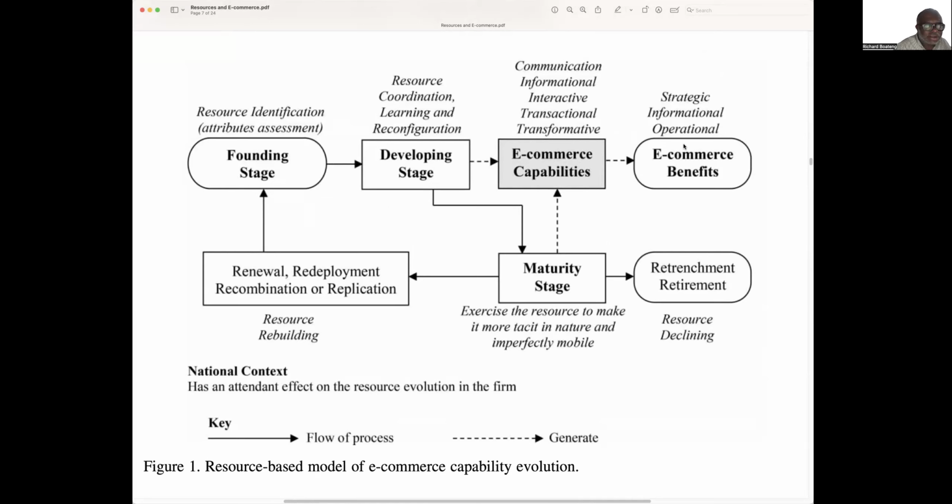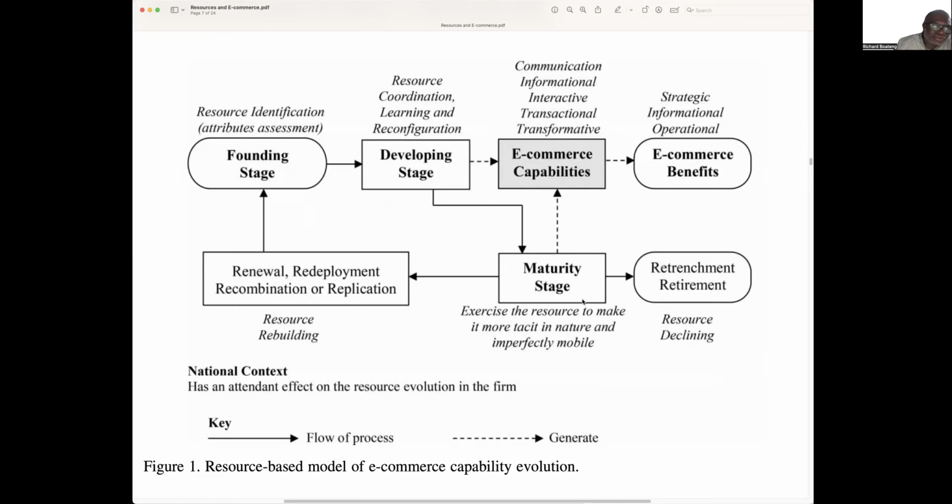Now, I also pointed out that when this is generated, what then happens is that at the developing stage, the firm has used the resource for some time, then it gets to maturity. It means that the firm has used the resource so much that it has become tacit knowledge how to generate the kind of capabilities you are looking for.